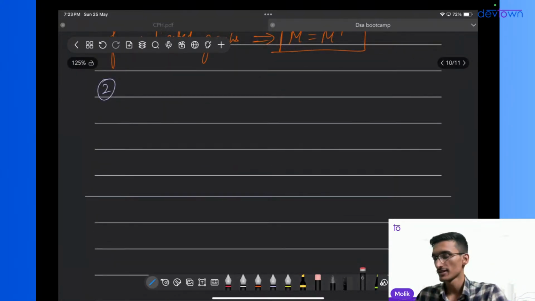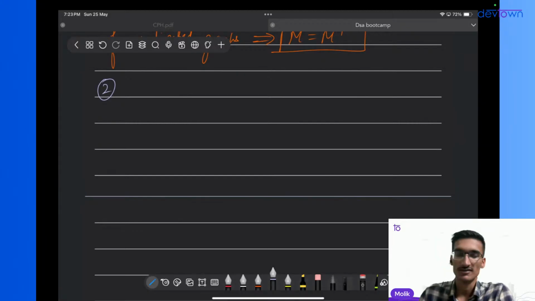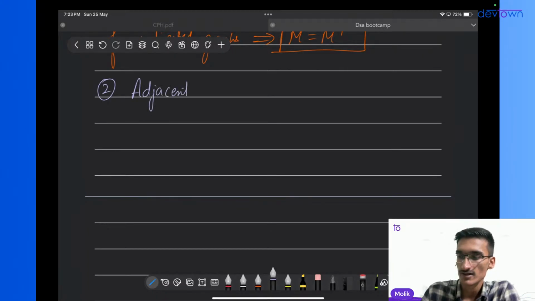Okay, so first let me just discuss the second representation. Maybe you will be able to figure out what we are optimizing. Adjacency list.